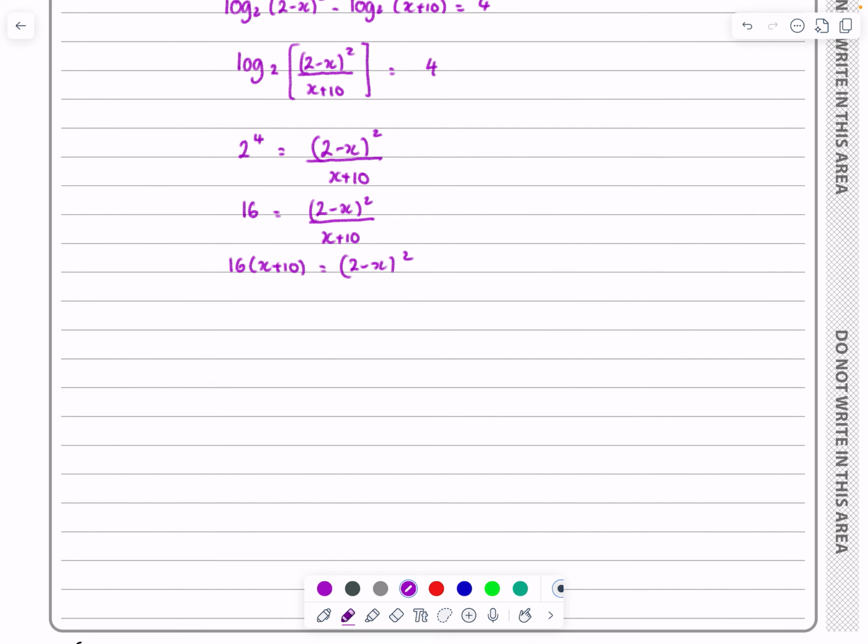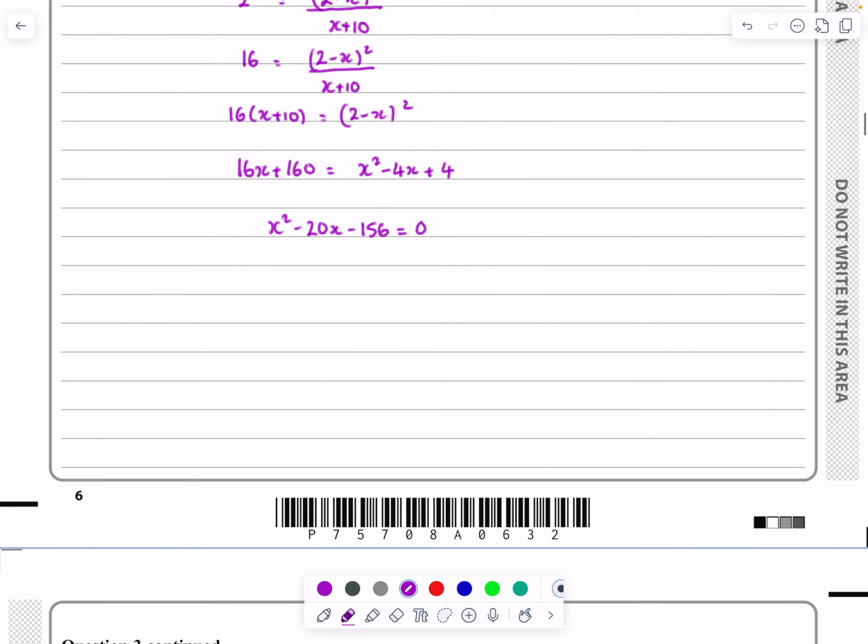Let's do both sides. So I'm going to get 16x plus 160 there. And (2 minus x) all squared, you can take your time over it. I've already done it. It works out to be x squared minus 4x plus 4 when you multiply that all out. Make this look like our standard quadratic equation: x squared minus 20x minus 156 equals 0.